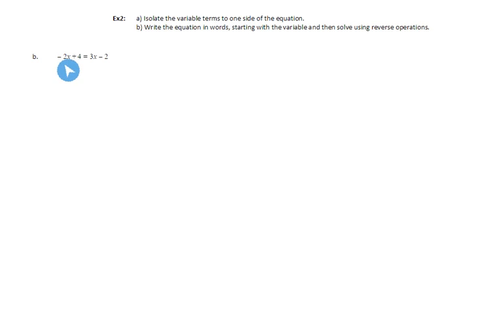So to bring negative 2x over to the right side of the equation, I have to do the opposite. And this is clearly negative, so we are going to do the opposite of subtracting 2x. We will add 2x to both sides. So let me start with the equation that we have.